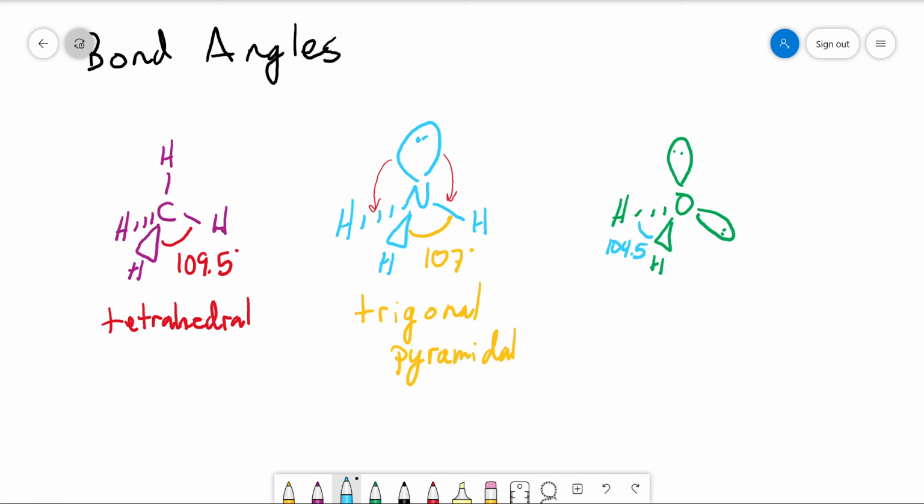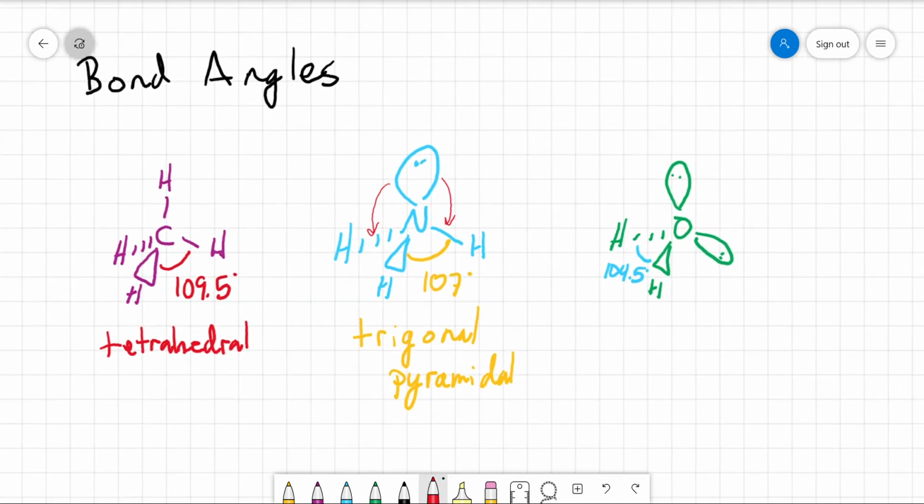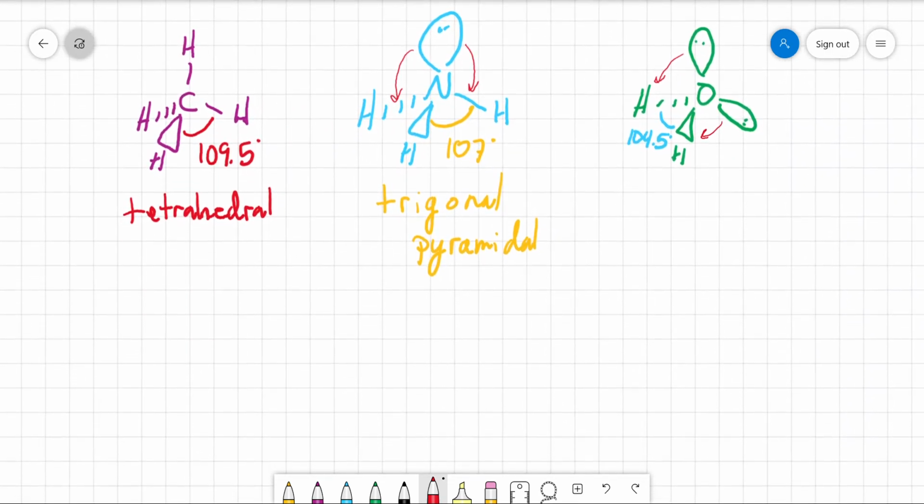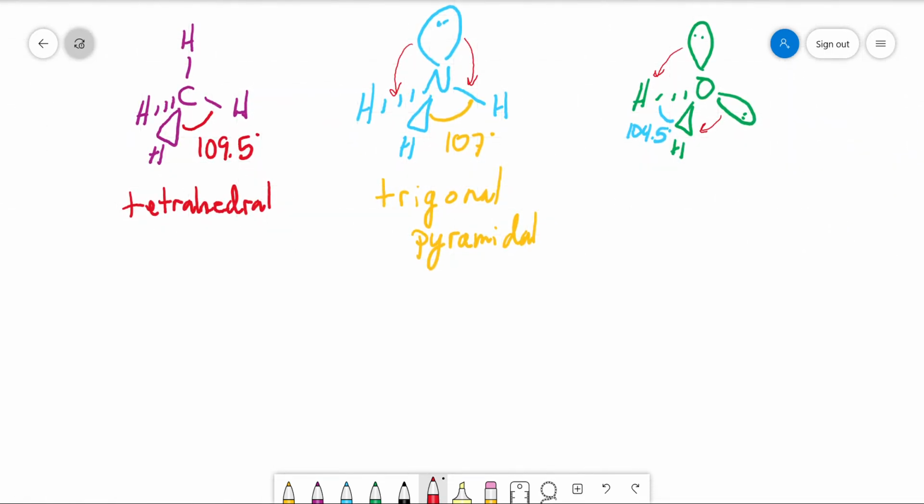So what's going on there? Well, those lone pairs again, they're big and bulky basically. It seems kind of strange, but they're big and bulky, and they push those hydrogens together even more because there's 2 of them.